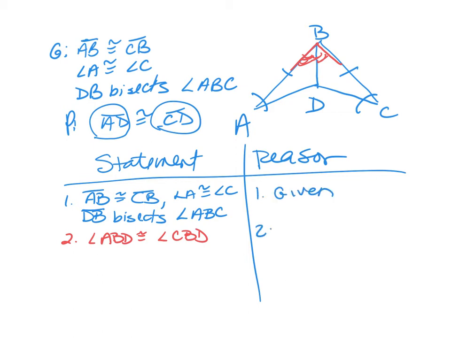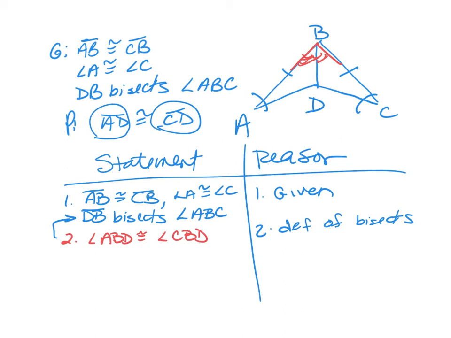This reason here is definition of what word is in the line above it that gave you permission to say that. What word? Definition of what? Bisects. Definition of bisects. Perfect. So this in red is what we can conclude based on the word bisects being used, okay?